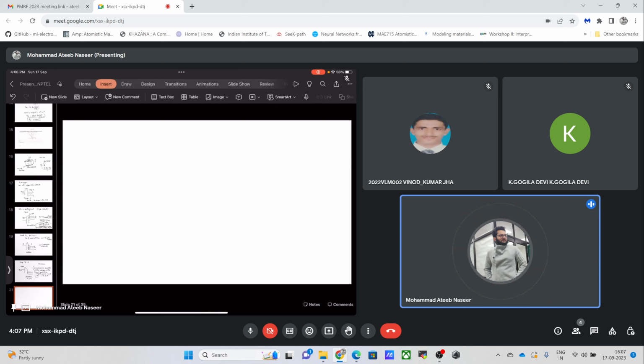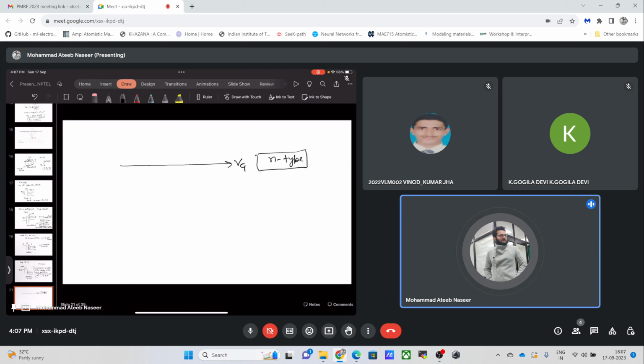If this is the Vg scale, the gate bias, and this is an N-type substrate, and this is our 0 axis, we have seen there will be accumulation, considering the ideal scenario.